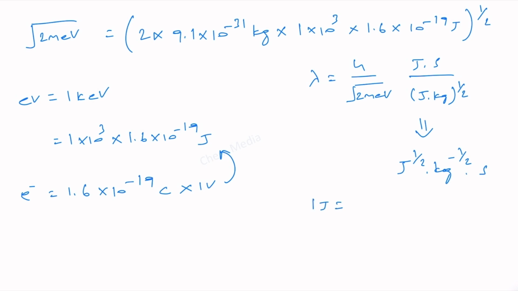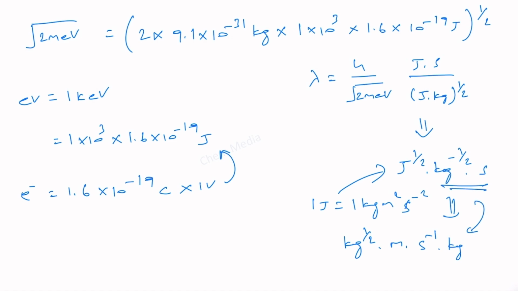We know that 1 joule is equal to 1 kilogram meter square per second square. So, if we substitute that here, then what will happen? This will be kilogram to the power 1 by 2, meter square to the power 1 by 2 will become meter, per second square to the power 1 by 2 will become per second, and then this time we have kilogram to the power minus 1 by 2 and then second. So, this will cancel out, this will also cancel out, and what would remain is only meter. That's what is going to be our unit.